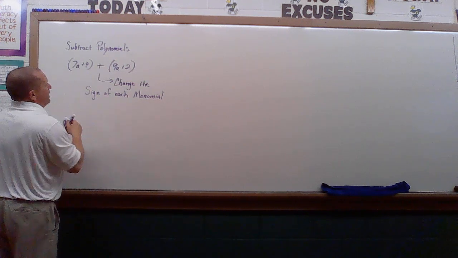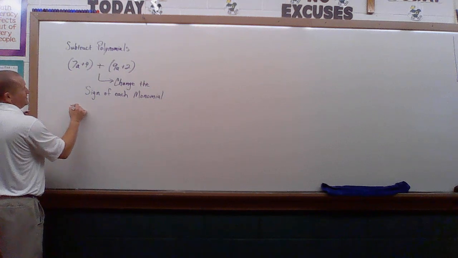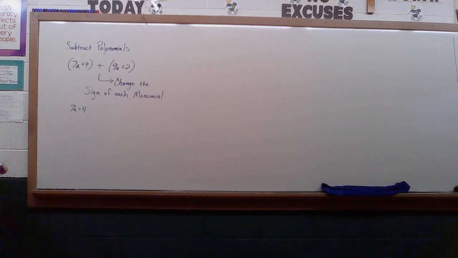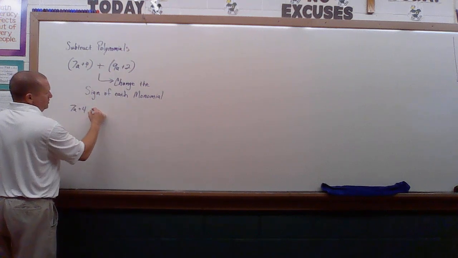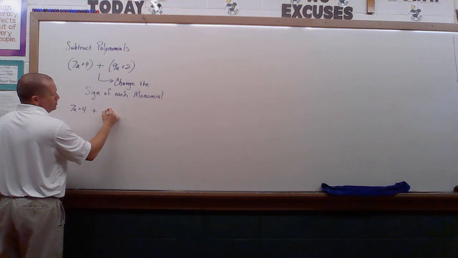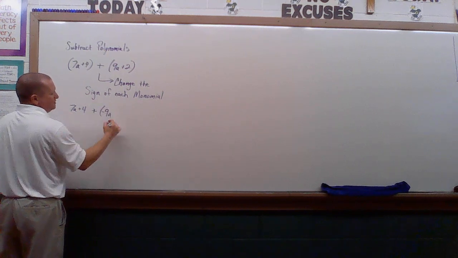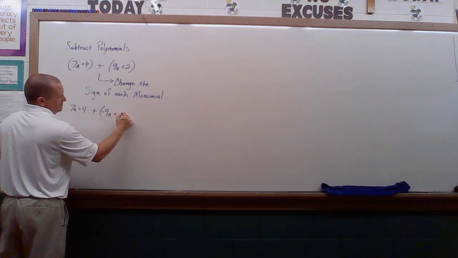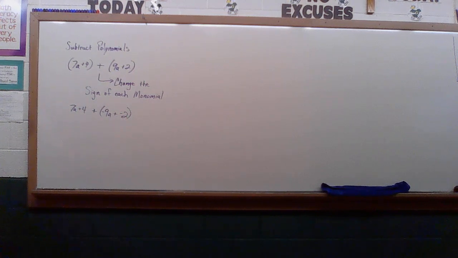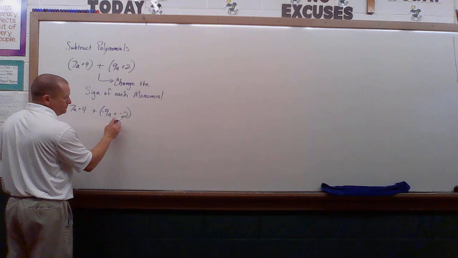So when I rewrite this now, I would have 7a plus 4. I always keep the first parentheses. I change it to addition, like I already did, and then I'm going to come through and change the signs. So negative 9a plus, now here's where you can make a decision. You can write plus negative 2, or I can just simply write what?